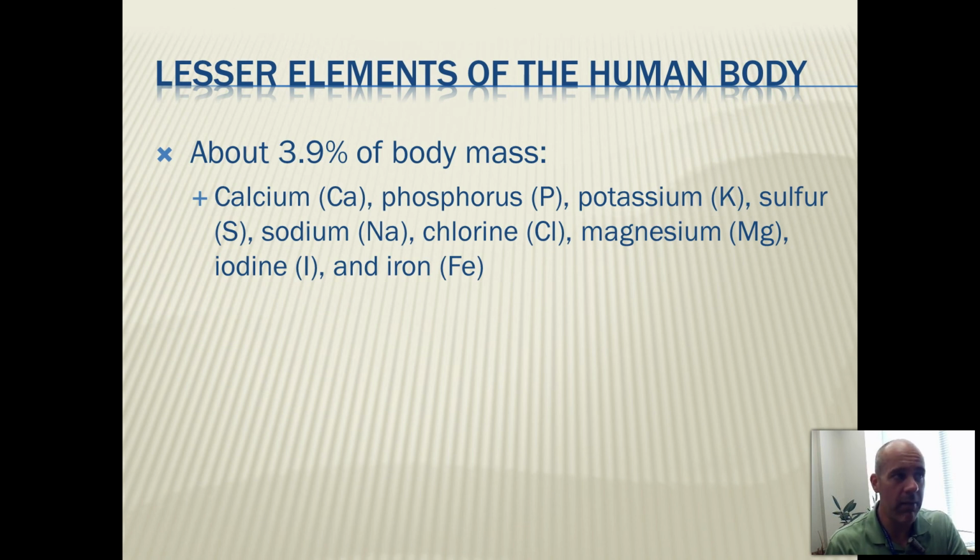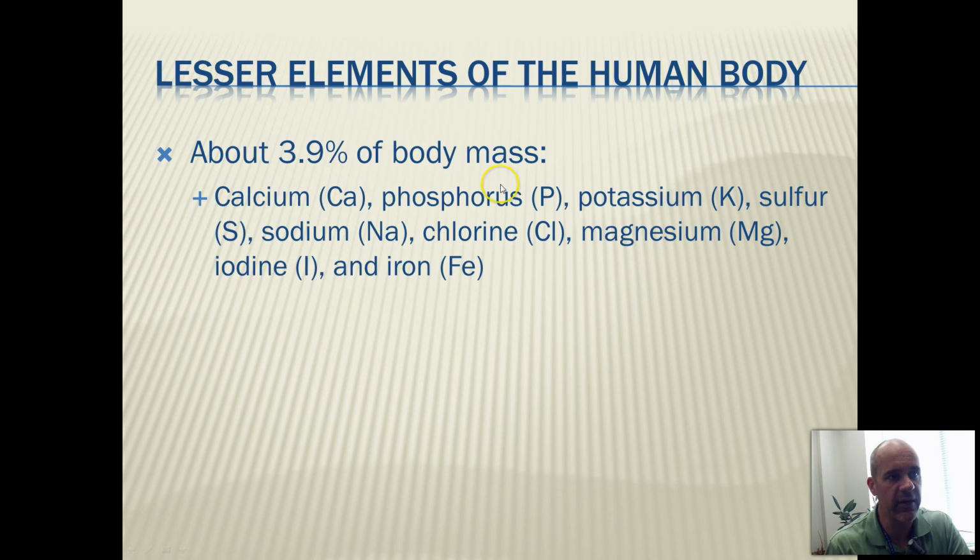Now, that's not all. About another 3.9% of our body mass comes from the elements that you see here. So here are the elements, here are their atomic symbols, and yes, I do want you to learn the atomic symbols for all these different elements because you're going to be seeing them all throughout your biology classes and then on further from there into the health sciences.